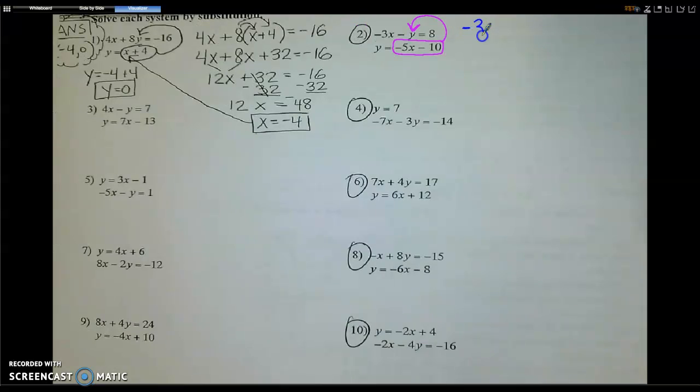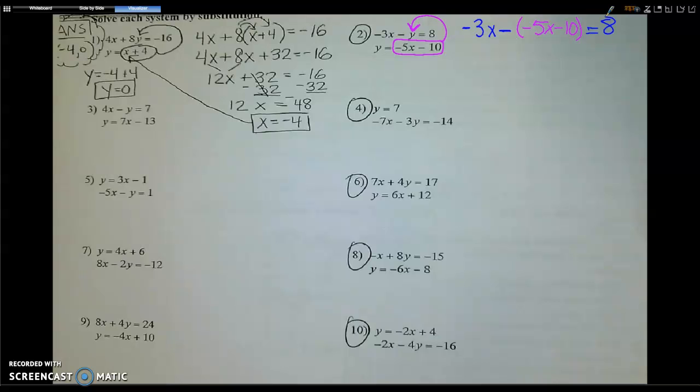Negative 3x minus, not going to put y, I'm going to put negative 5x minus 10 equals 8. Now, ready to solve it and figure out what x equals.